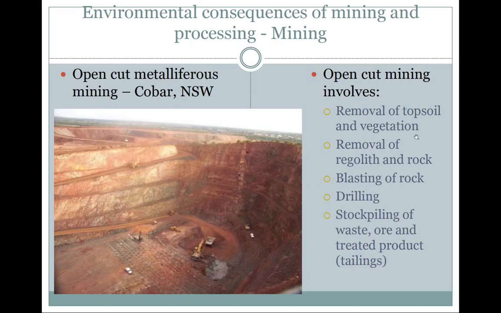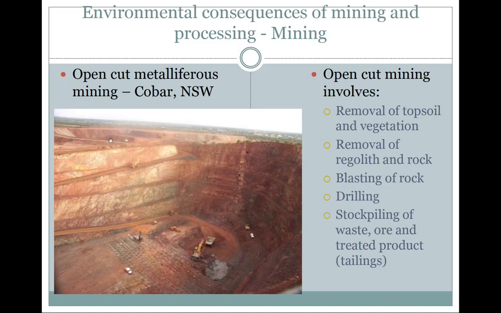So on top of that, we will then start to remove regolith and then the rock, which includes blasting and drilling, etc., to get deeper into the ore body. And sometimes this involves overburden that's just moved to waste. And then we're into the main ore envelope, in which case we will then have to try and separate ore from gangue that we might put in a stockpile.